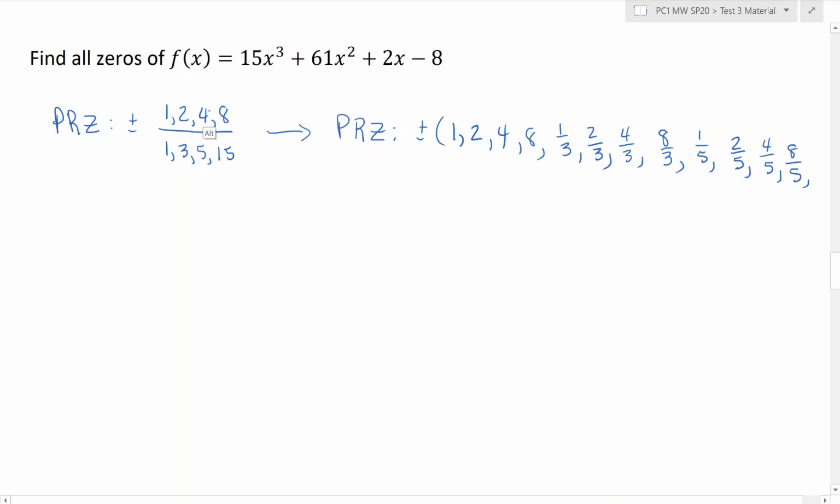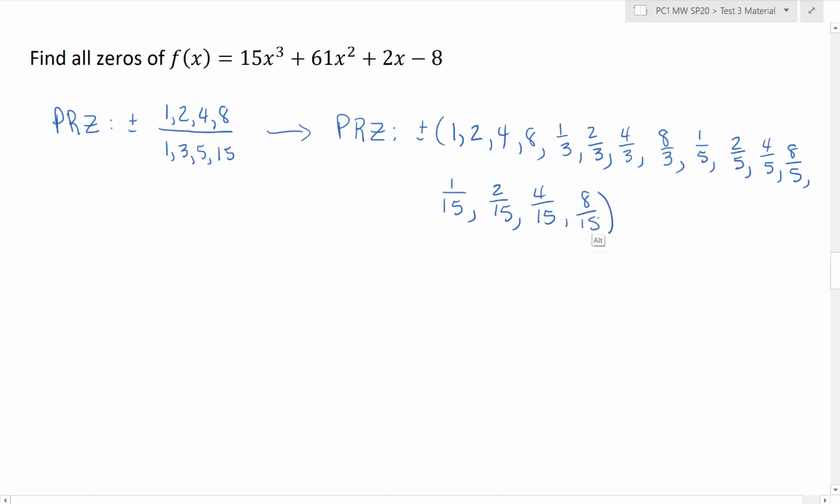We've got 1 divided by 15, 2 divided by 15, 4 divided by 15, and 8 divided by 15.